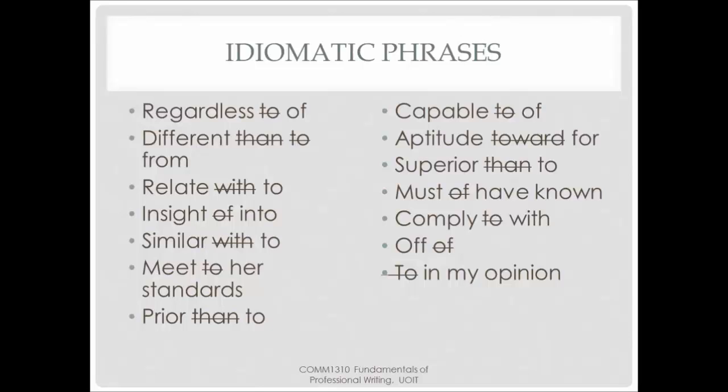Must have known, we've already discussed this one. So it should be must have, not must of. Comply to or comply with. One complies with regulations, not complies to regulations. Do you use off or of? It's not get off of the couch, but get off the couch, and so on.